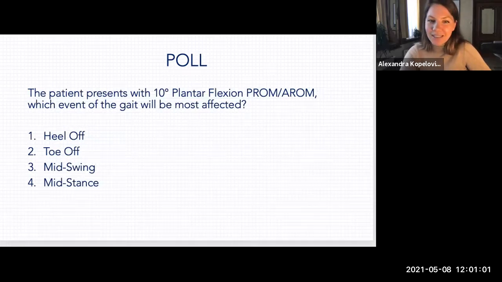The patient presents with 10 degrees of plantar flexion, passive and active range of motion. Which event of the gait will be most affected? So your patient presents to you with only 10 degrees of plantar flexion, passively and actively. Which event of the gait cycle will be most affected?